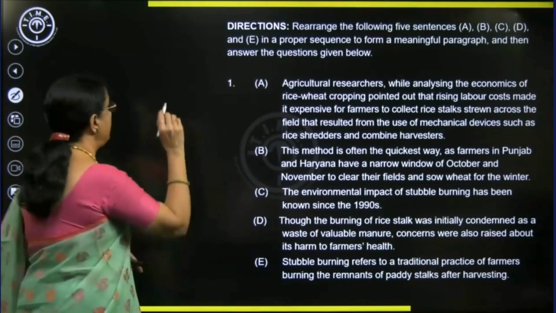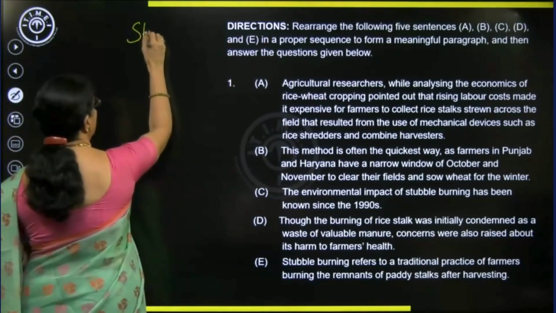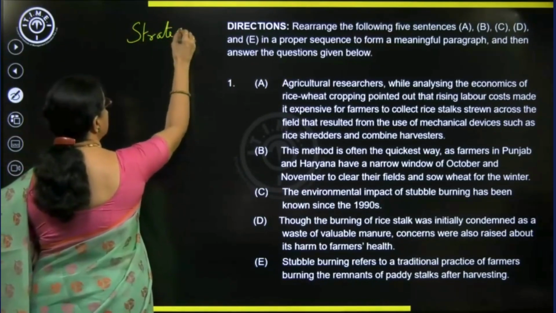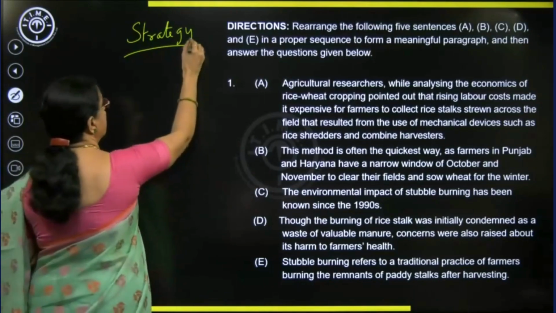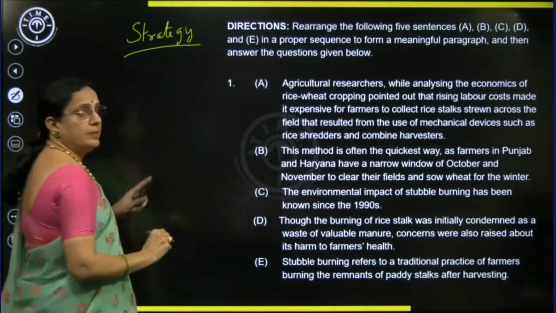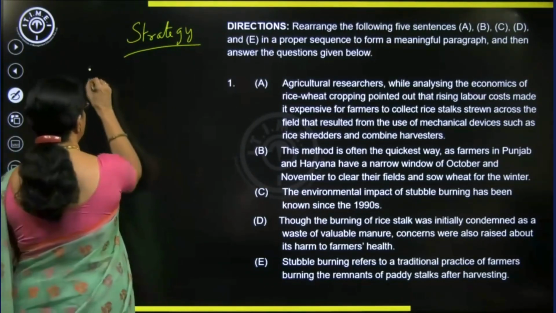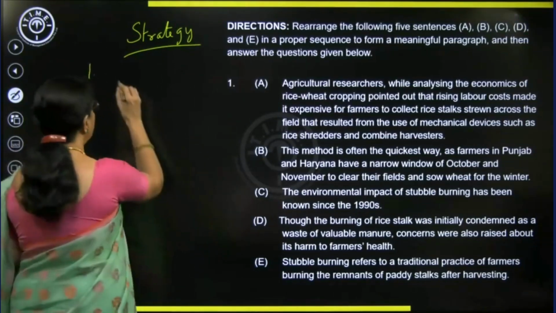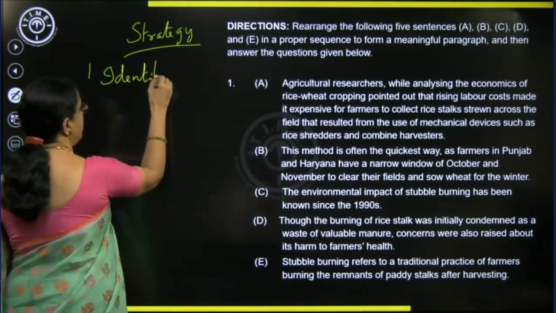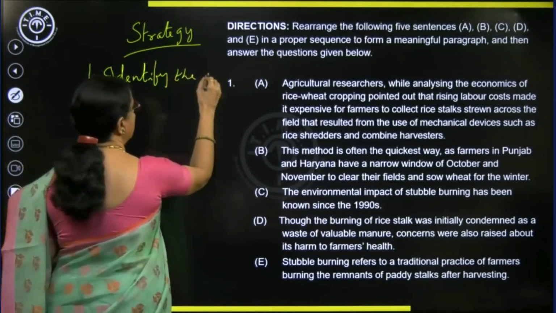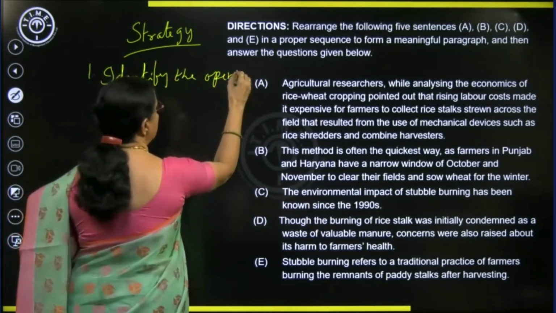What is the strategy? We got the clues, and then what should you do? How do you apply the clues in answering this? Now, let's see. First, when you are reading the statements with the clues, identify the opening statement. How do you know this is the opening statement?